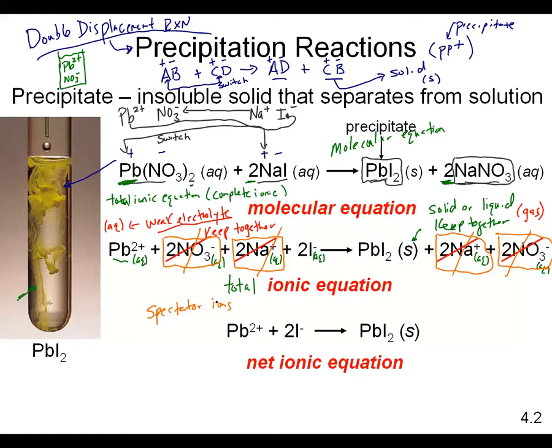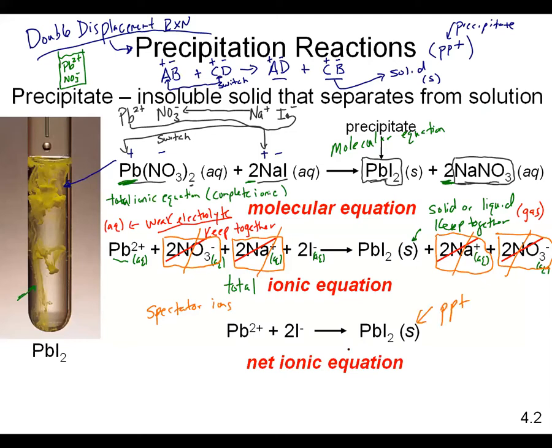Although we're mixing together lead 2 nitrate with sodium iodide, what is truly happening when you mix those 2 solutions together, which by the way are clear solutions, no solid or anything like that, is that the lead 2 from the lead 2 nitrate is coming together with the iodide from the sodium iodide, and that is truly what is coming together to form our precipitate in this reaction.